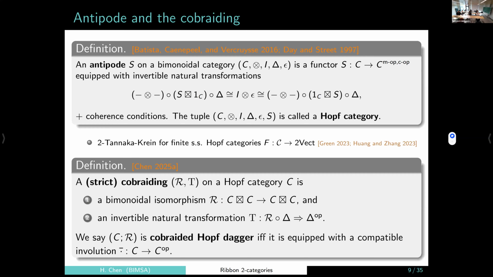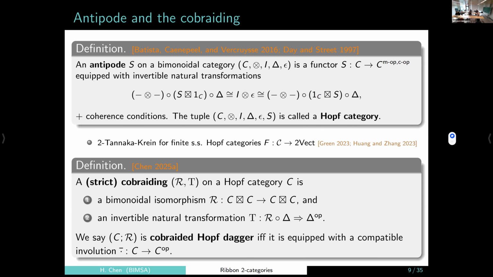So again, this is like a higher notion of quasi-triangularity, right? But I'm picking a natural transformation which witnesses the intertwining relation for the R matrix, so to speak. But also I'm remaining agnostic about what this bimonoidal isomorphism looks like.